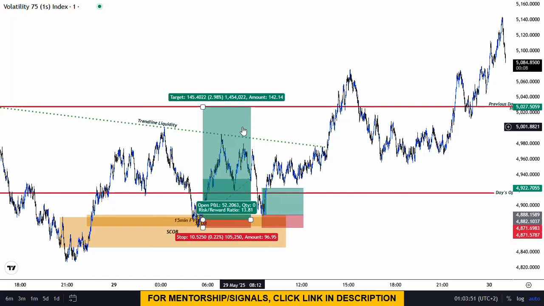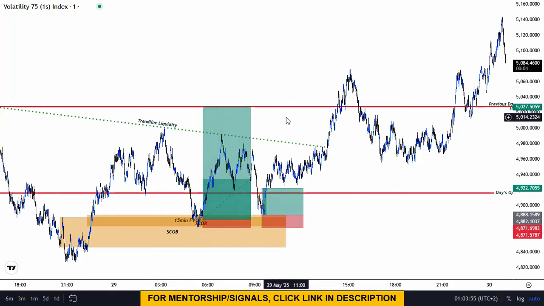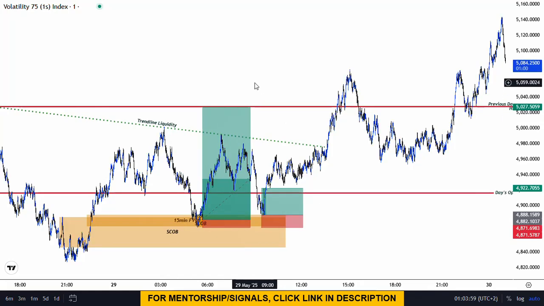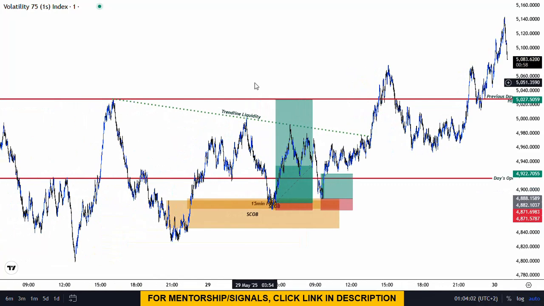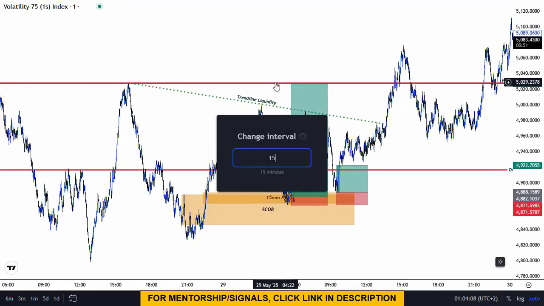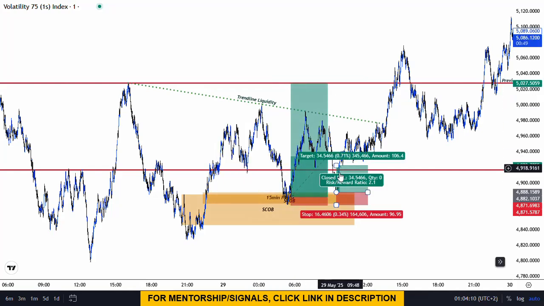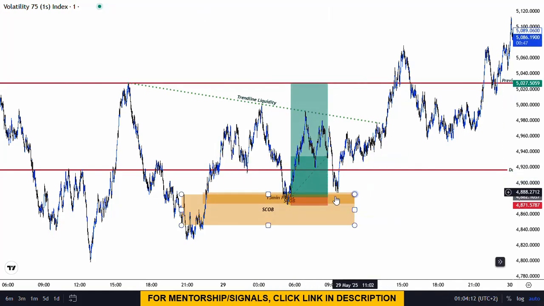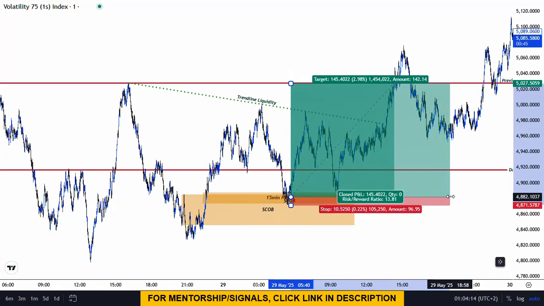So the reason I'm saying this cannot be your final target is the way price was moving. Okay, so right here, let me show you this on the 15-minute chart. Let's just remain with one here.